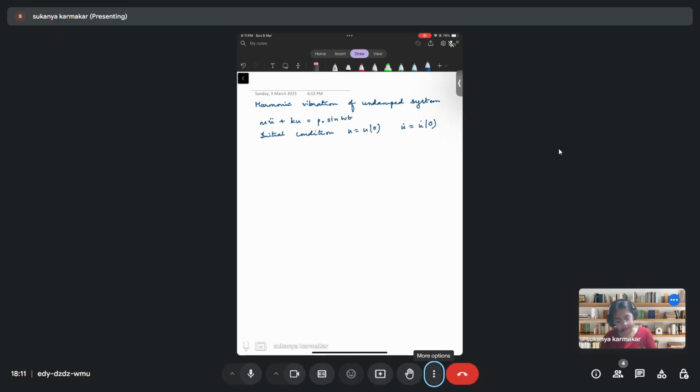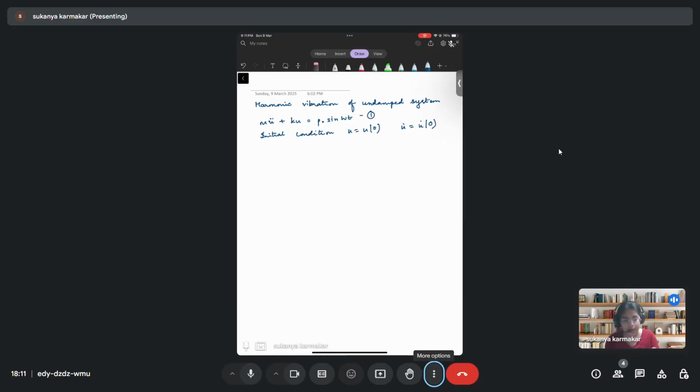Now the solution of this equation, equation number 1, will have two parts: a complementary part and a particular part. The complementary part we have already solved as part of the free vibration problem. So let's do the forced vibration part.